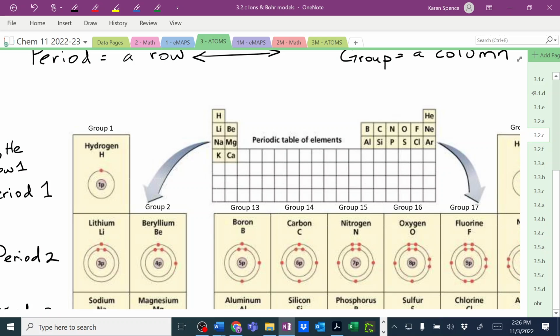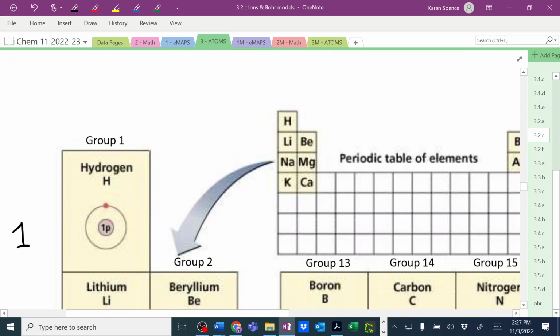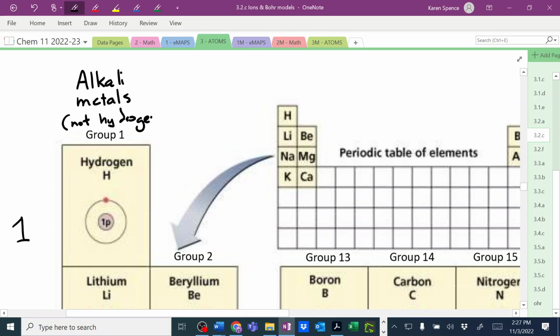Do you remember what group 1 is called, what the name of group 1 is? Group 1 is the alkali metals, except hydrogen is an exception. It's just its own little funny thing. Okay, so group 1 is the alkali metals, but not hydrogen.